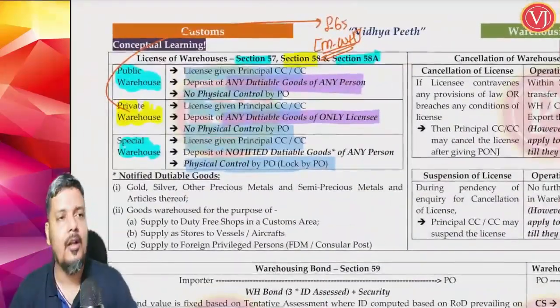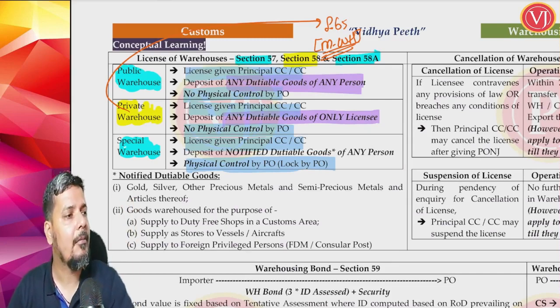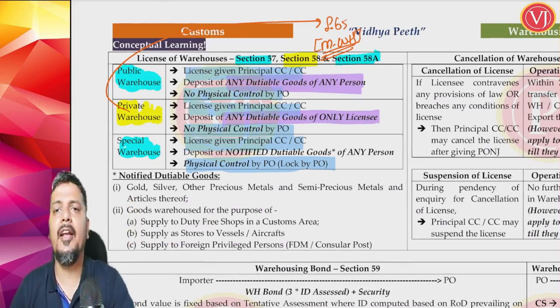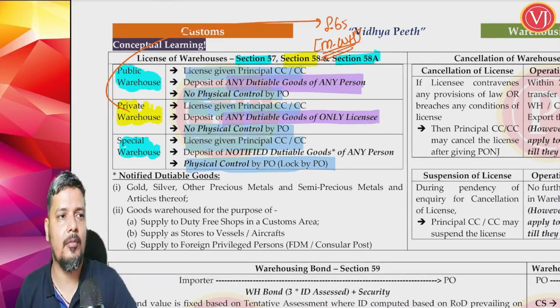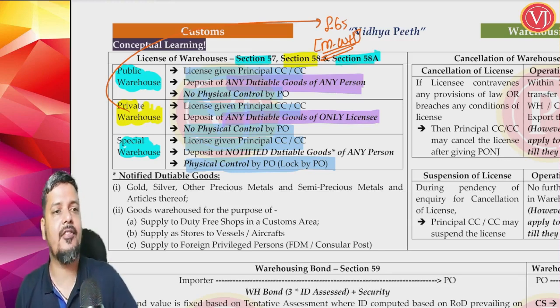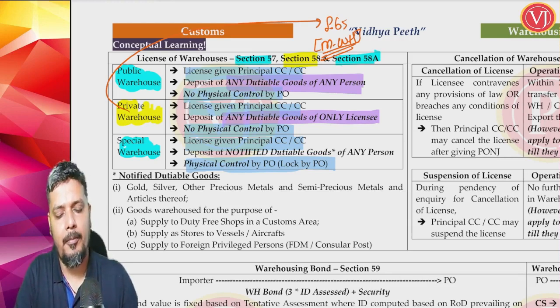It can be taken for other purposes also, but generally whenever you go for manufacturing in warehouse, for sure it is a private warehouse. I am not telling that a private warehouse is only for manufacturing purposes. It can be only for storing purposes also. But if you want to manufacture in warehouse, for sure you will be going for your private warehouse.